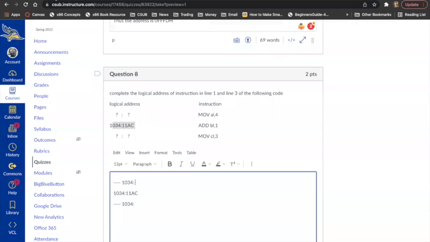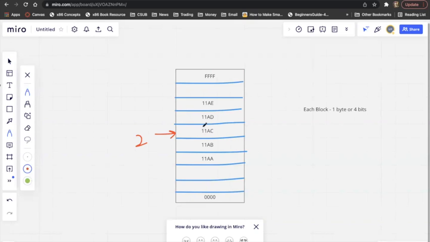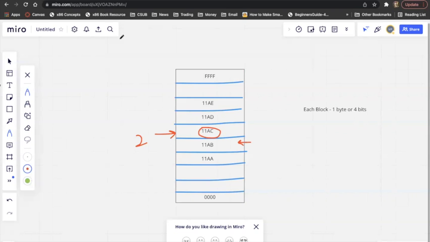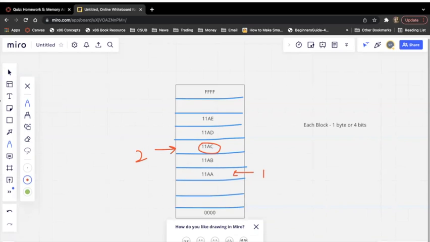And we know that the size of each instruction is 8 bits. So the instruction right before this, since this is line 2, would be here, but that's only 4 bits. But we know this instruction is an 8-bit instruction. So we'll move this from here to here. This will be our line 1. So the address of line 1 will be 11AA.